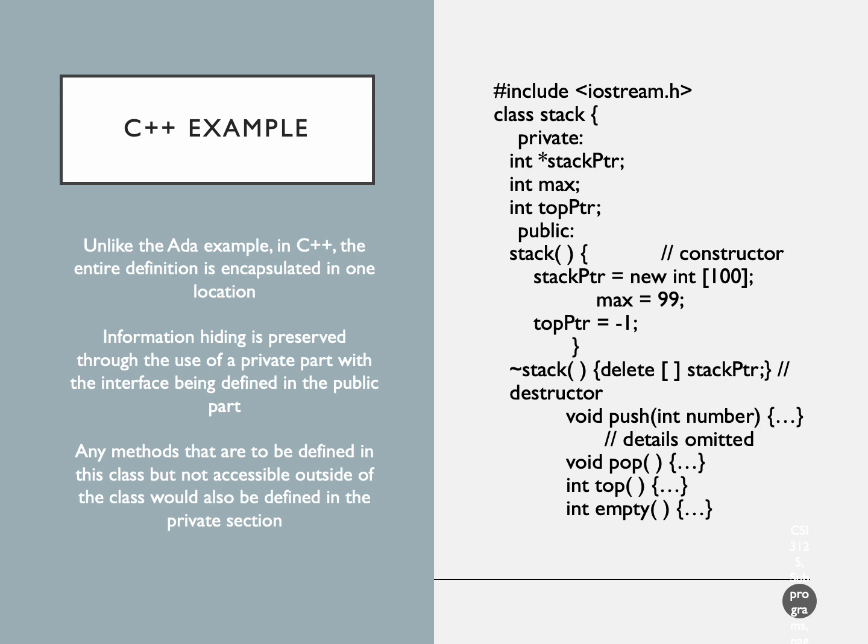So a private section to declare internal data members, the pointer stackPtr, and integers max and topPtr. A public section for the constructor, destructor, and interface functions like push, pop, top, and empty.